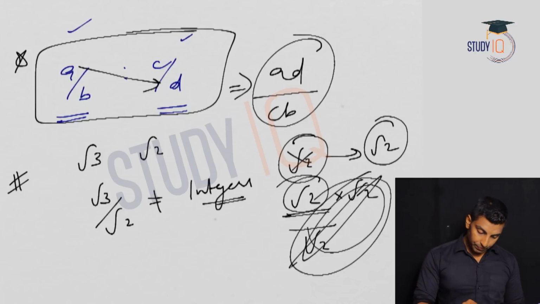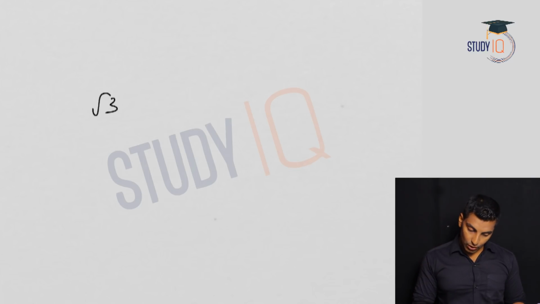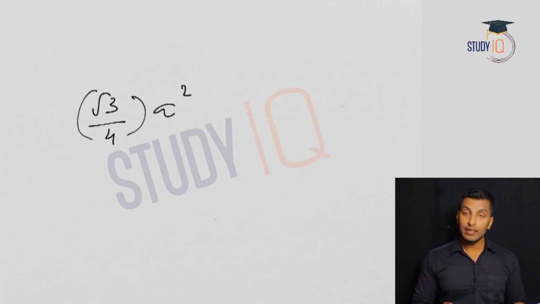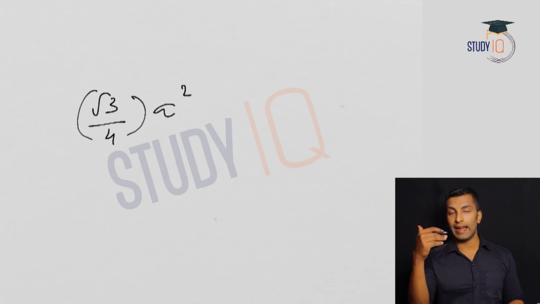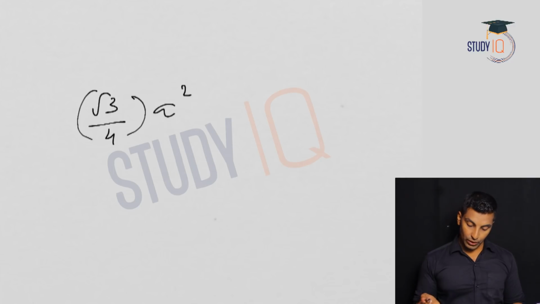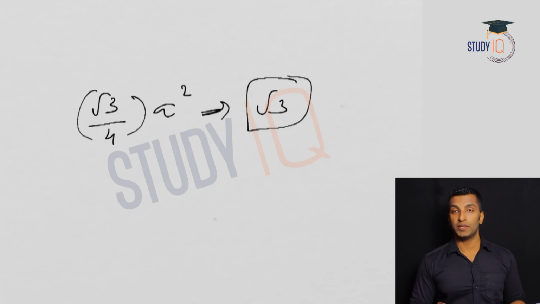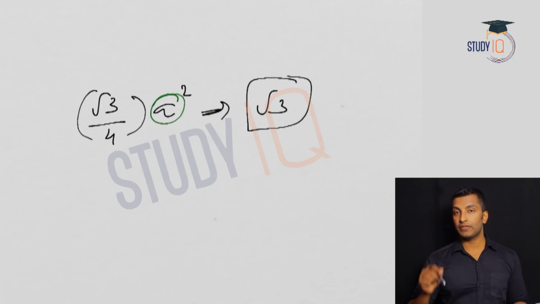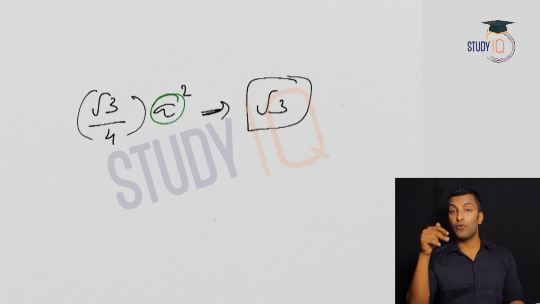Now if you want an example, let's take the area of an equilateral triangle. That is root 3 by 4 a square, right? Or the height, if the question asks, is root 3 by 2 a. Now when you solve this, you should get root 3 in your option. So what is the only way in which you should not get root 3 in your option? The side of the equilateral triangle should be the 4th root of 3.